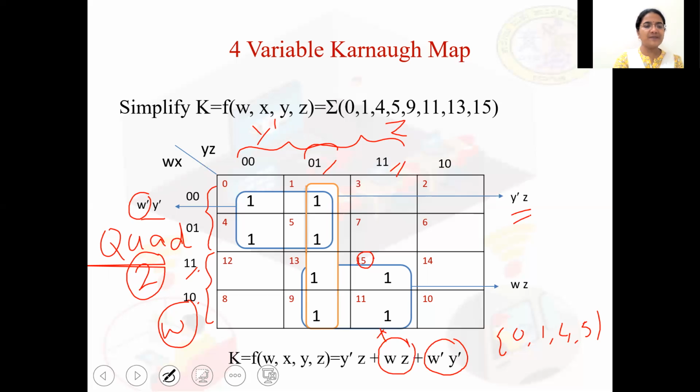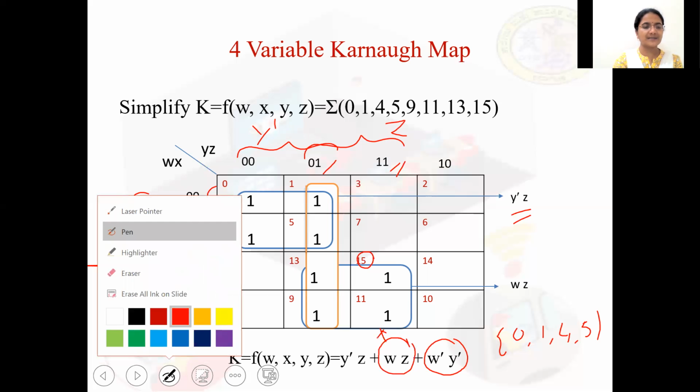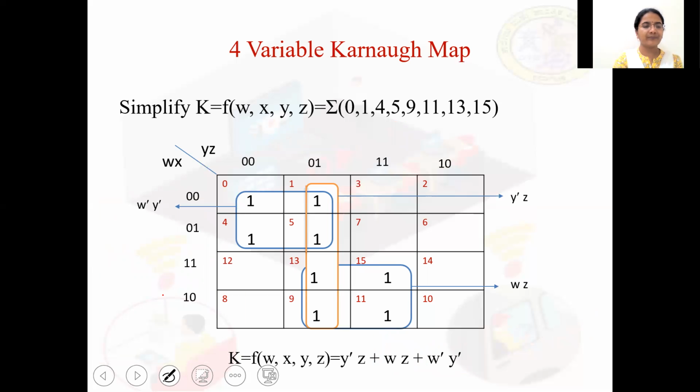From these two rows, 0 0 and 0 1, we are eliminating X and we have W bar.